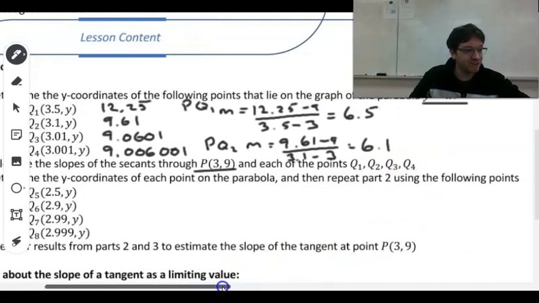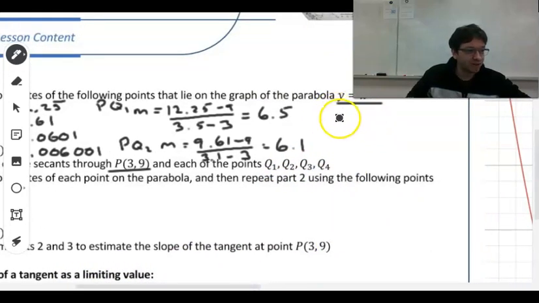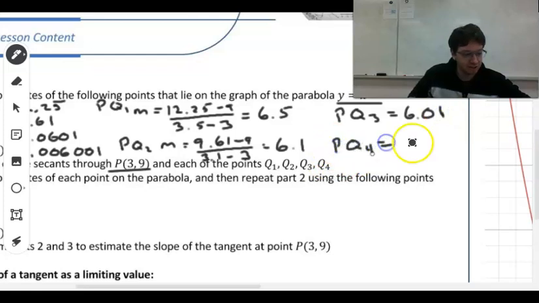We can continue doing that for PQ3, and there we would get 6.01. You can test this for yourself as well. And if we did the same thing for PQ4, you would get 6.001.